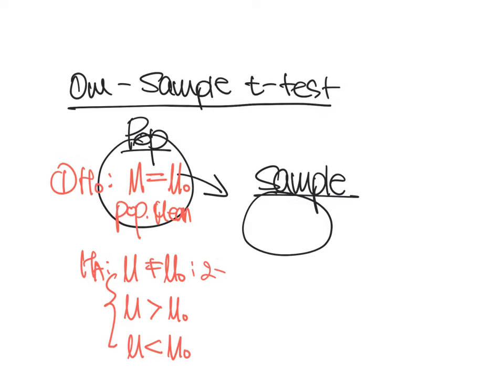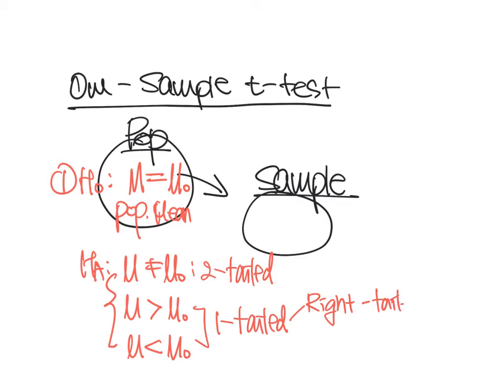Two-tailed, two-sided, it's the same thing. And this is a one-tailed: the greater than is the right tail, and less than, that way, is the left tail. So do you remember? Right?